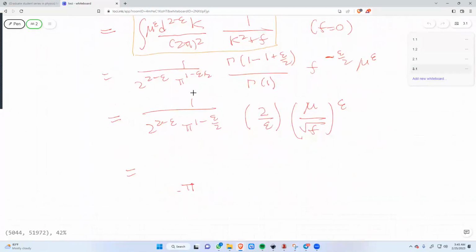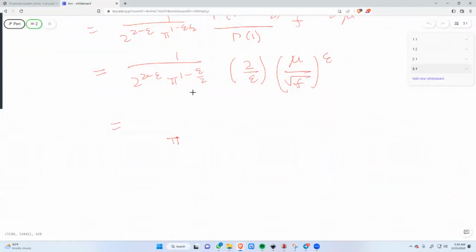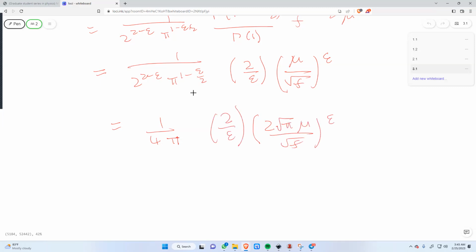So if we do the full thing, you get 4 pi over 1, then you get 2 square root pi mu over square root f, to the power 2 over epsilon. So that is what we get here.